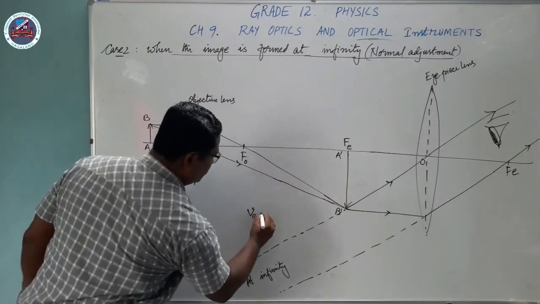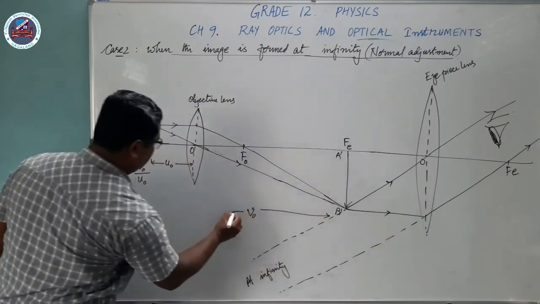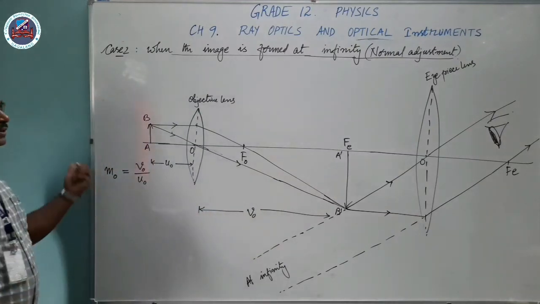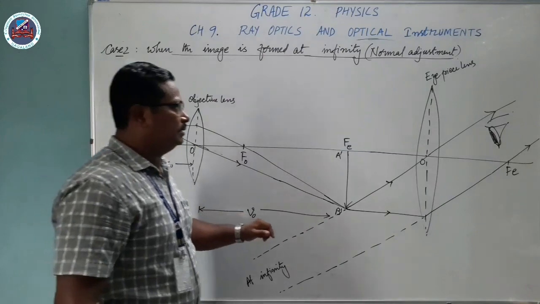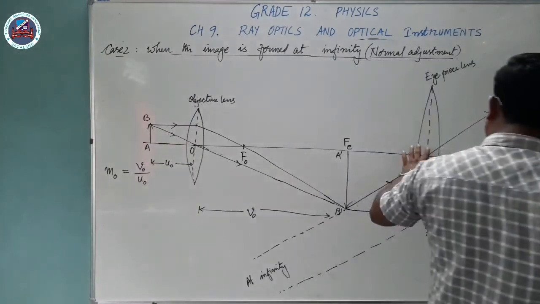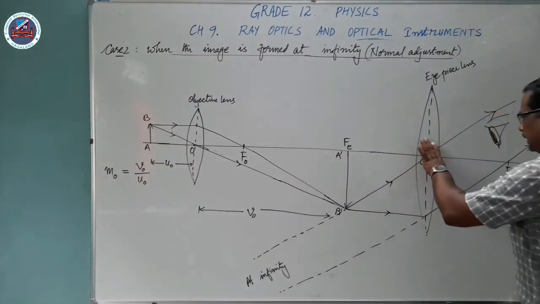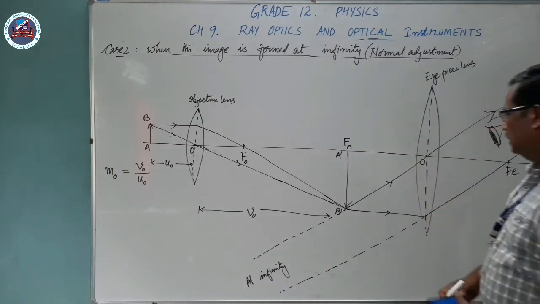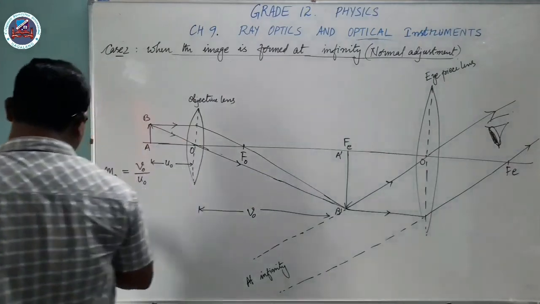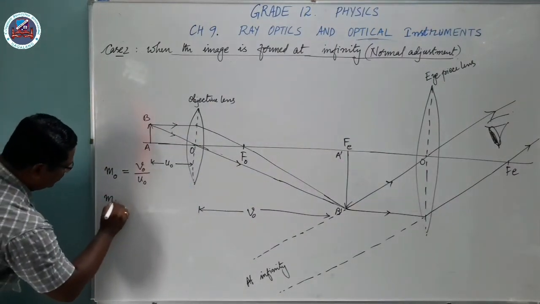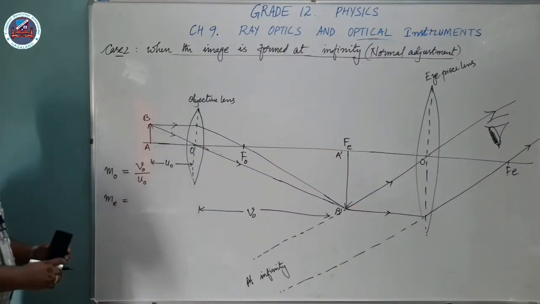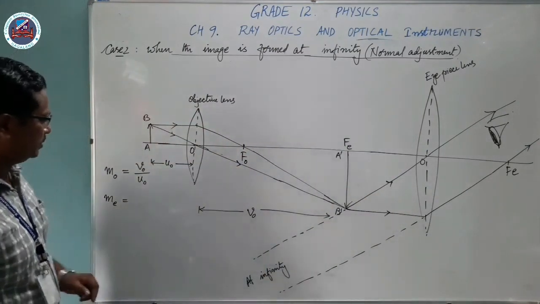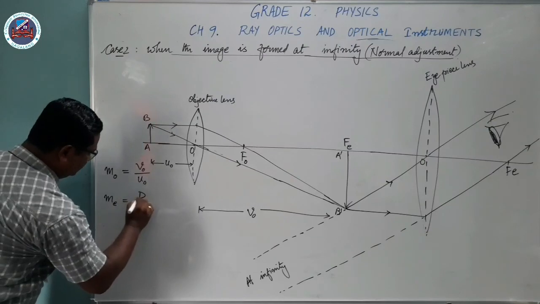This is V0. And in case of a simple microscope, you learned that if the lens is kept under normal adjustment, the magnification is given by D by F. Here your adjustment is done in the eyepiece, so it's acting like a simple microscope.